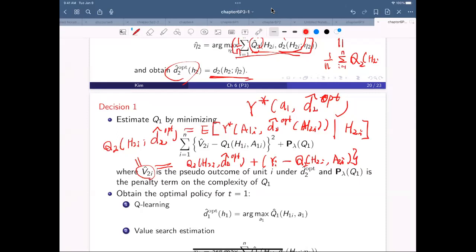You use predicted values to learn another regression function. That seems to be a little bit over-smoothing. But this one actually has variability in it, so it is supposed to give a better estimation, a better learning, for Q1.